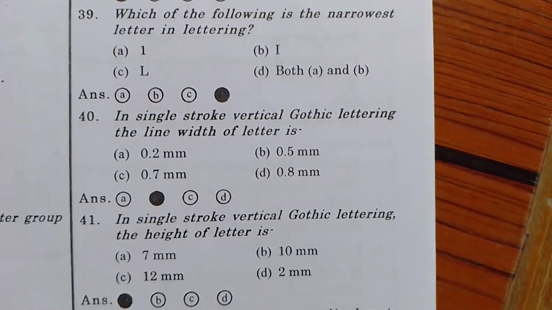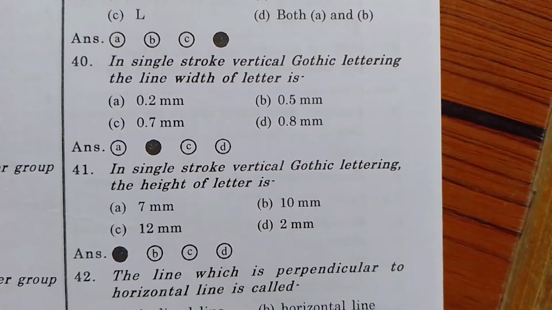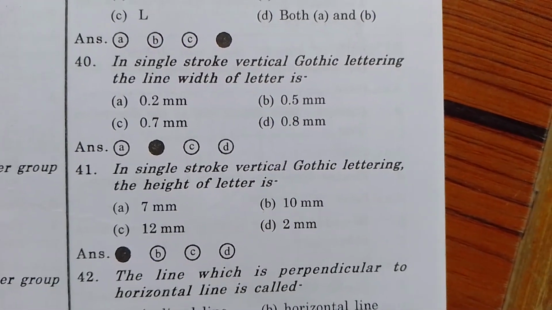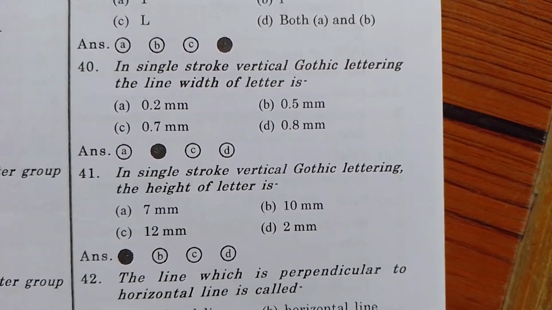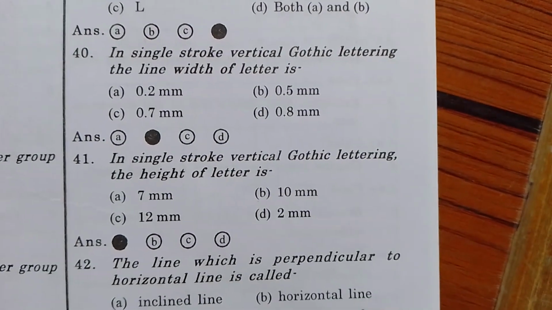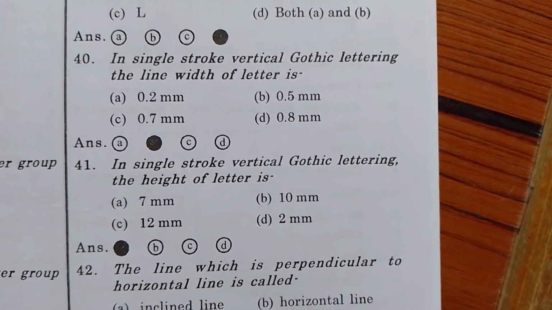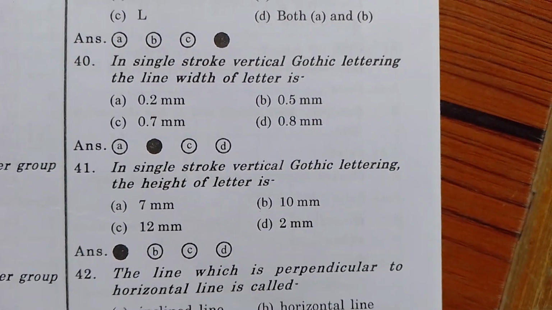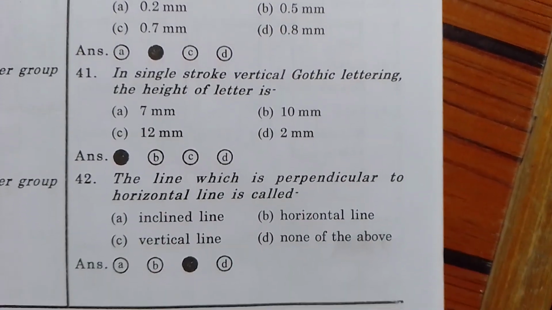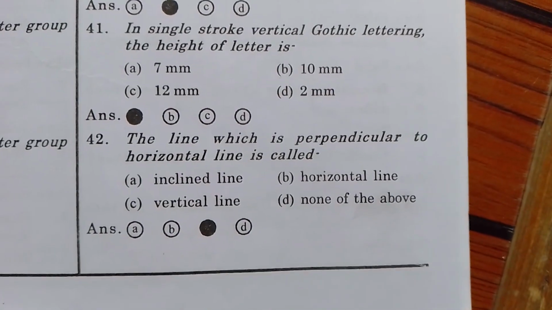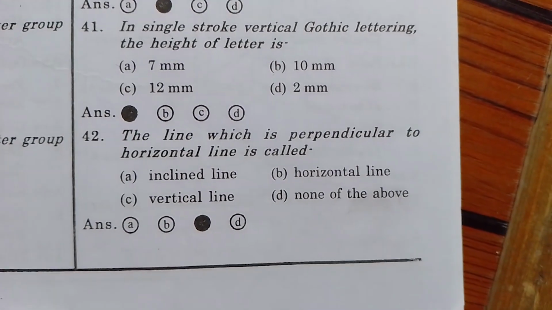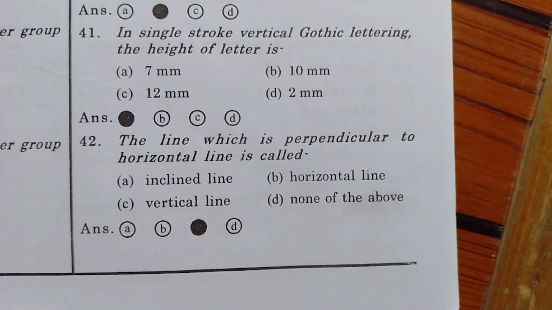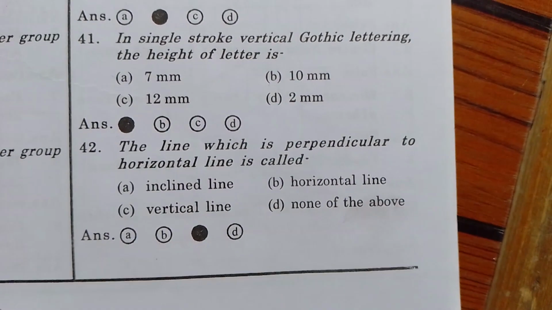In single stroke vertical Gothic letter writing, the line width of letter is: 0.2, 0.5, 0.7, 0.8. So 0.5 is the correct option. Question number 41. In single stroke vertical Gothic letter writing, the height of the letter is 7 mm, as I have already told.